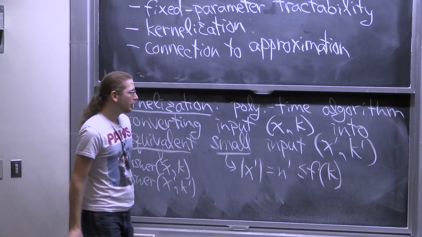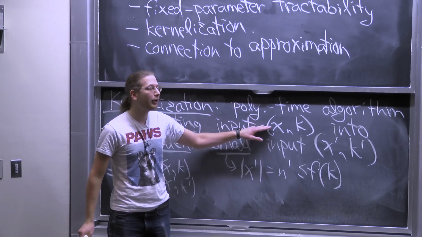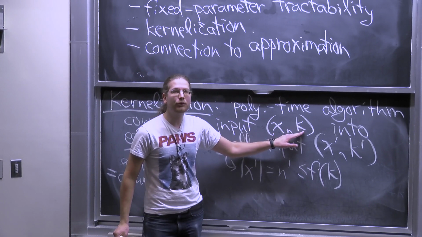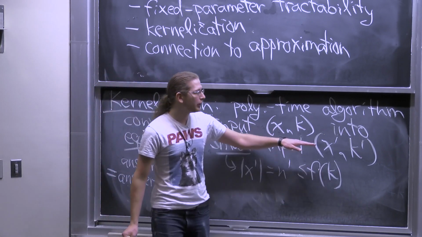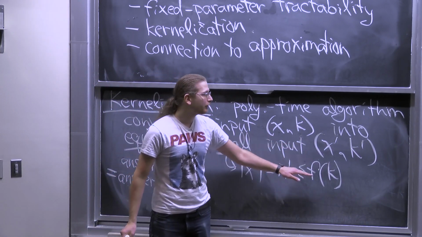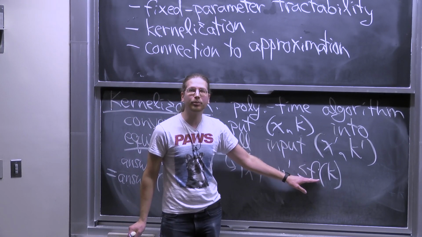So this is interesting. We started with probably a giant problem. X has size n. And we have a parameter k, which we presume is relatively small. And we convert it into a new input x prime that's very small. Its size is a function of k. No more dependence on n. N has disappeared from the problem.